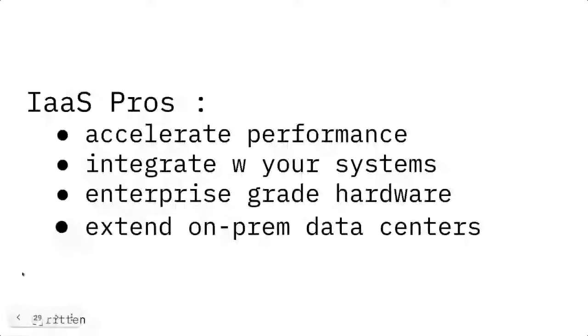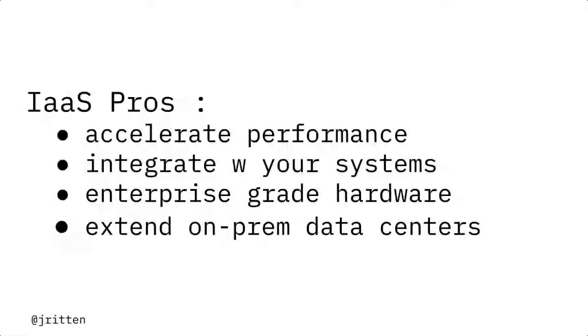So some pros to infrastructure as a service. IaaS allows you to accelerate performance. So you can deploy an IaaS bare metal server, a virtual server, or both in just a few minutes. You can integrate IaaS with your systems, so you're able to take advantage of IBM services being integrated to optimize performance.